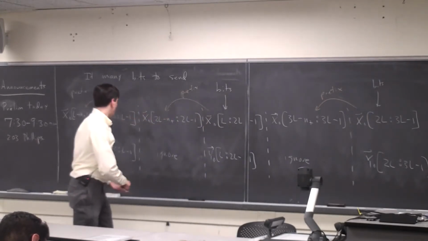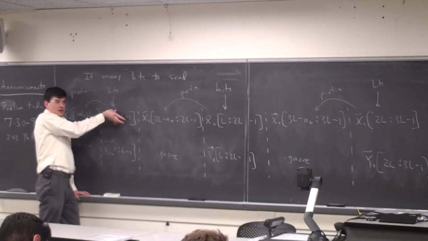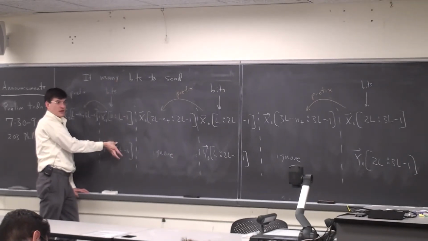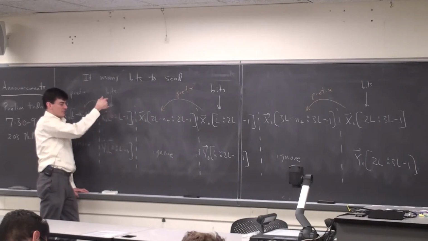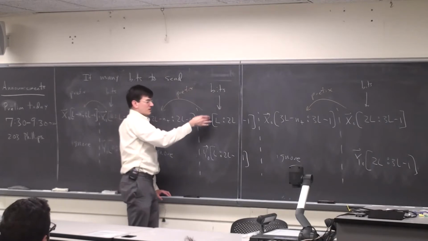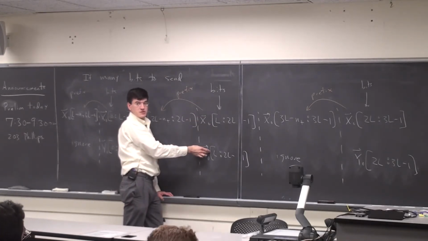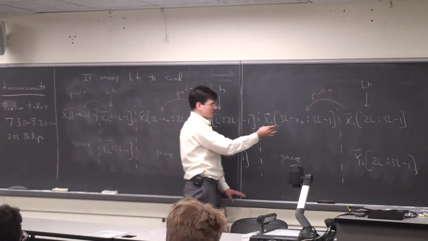Okay? So these bits get encoded in this vector. This vector to this vector experiences a circulant matrix multiplication. So you can use our block diagram to encode and decode. Okay, these bits get encoded in this vector. This vector to this vector experiences a circulant matrix multiplication. Likewise here, ignore this.